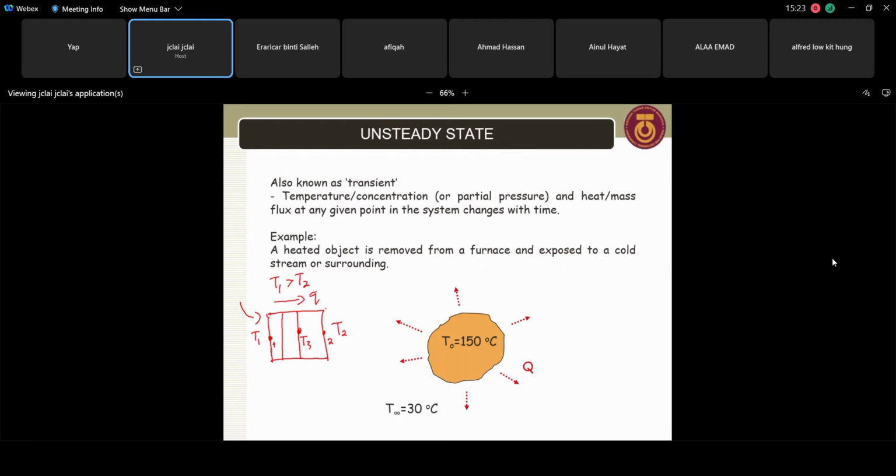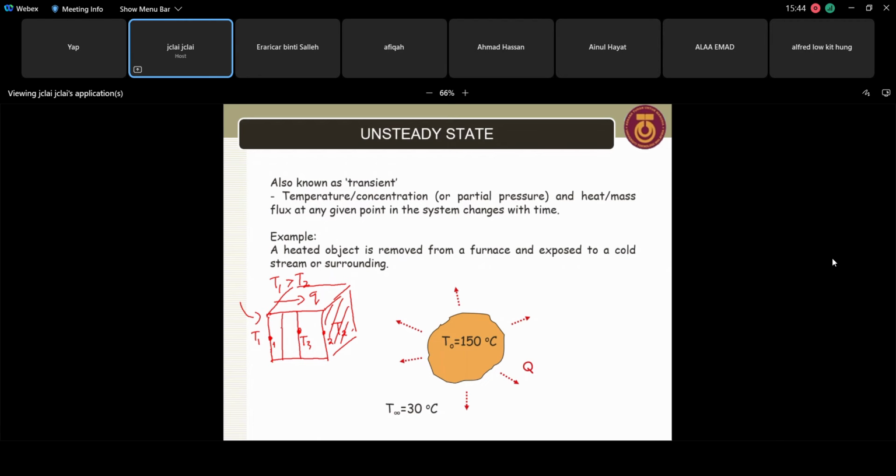Maybe there could also be one here at point number 2, or surface number 2. Here we have surface number 1.